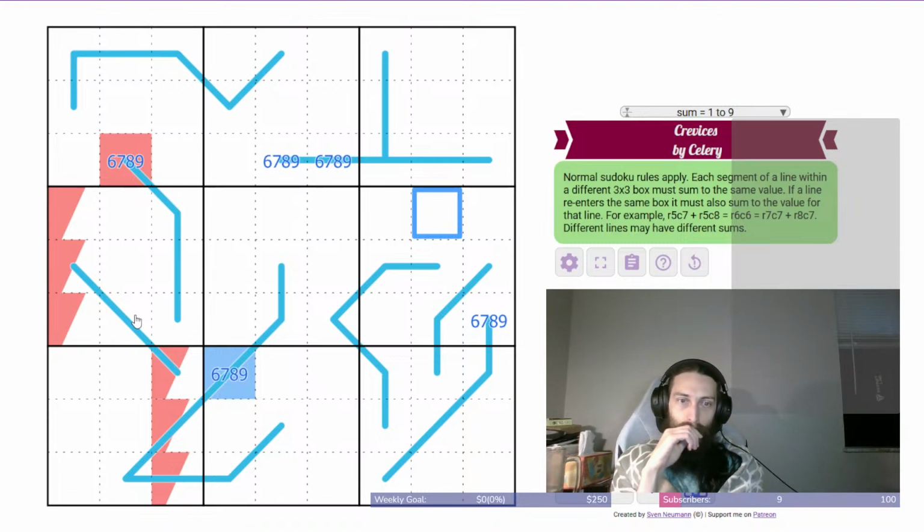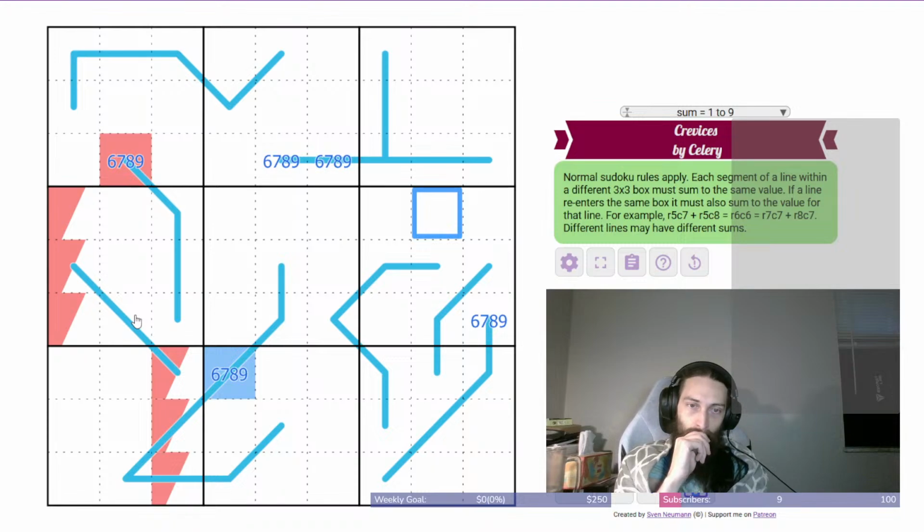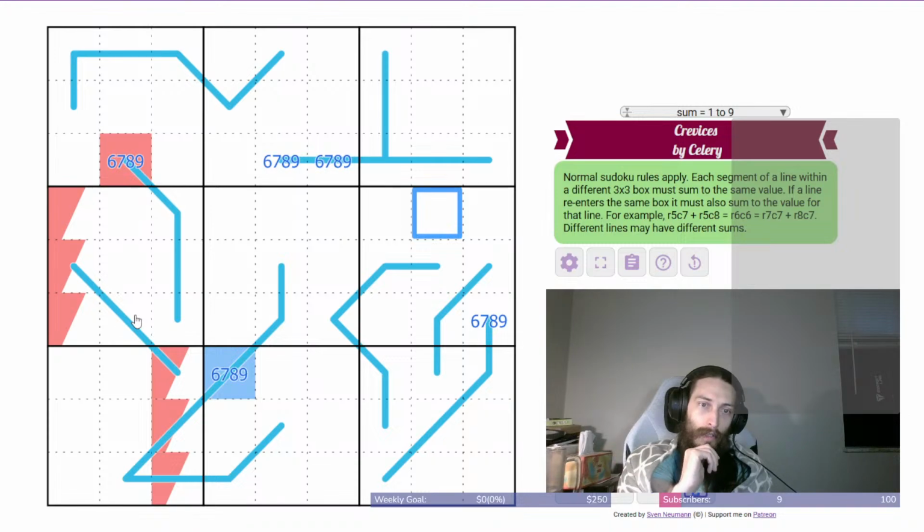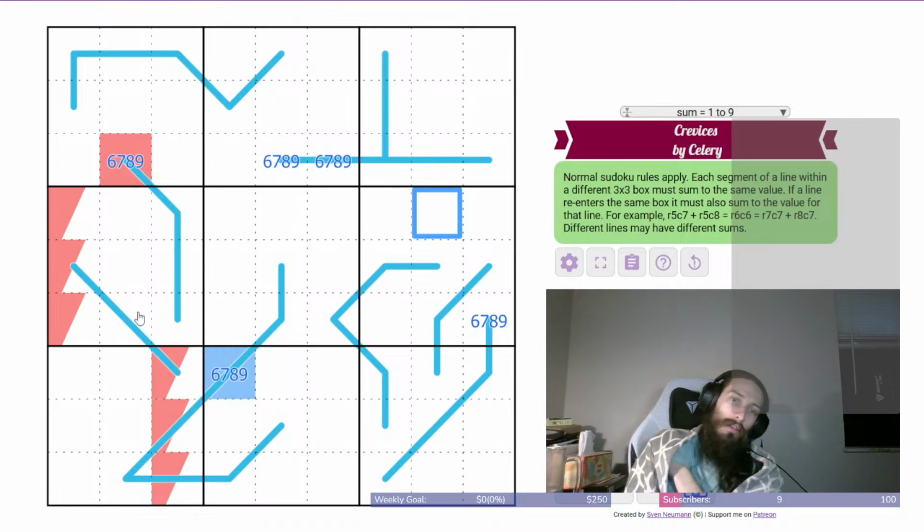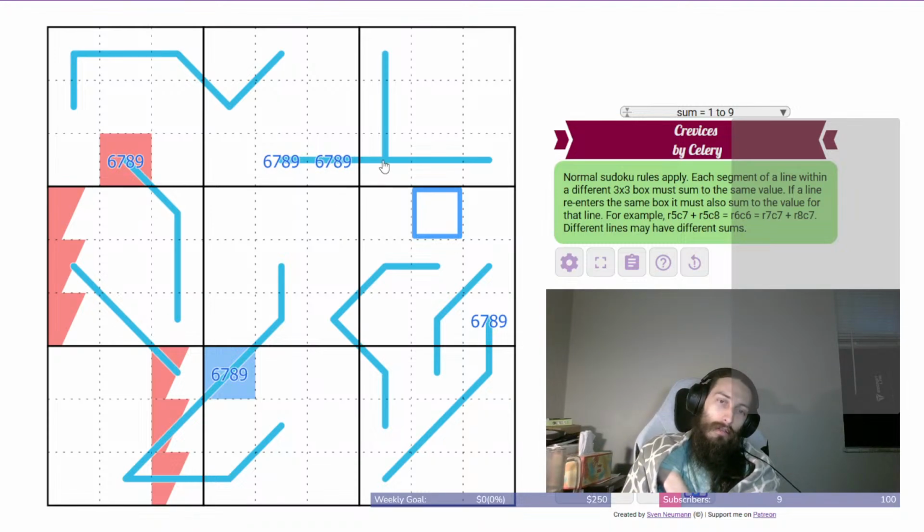Well, no, I was thinking, where does the last of the 6, 7, 8, 9 go in row 3? Yeah. But it could go on that line. Yeah.